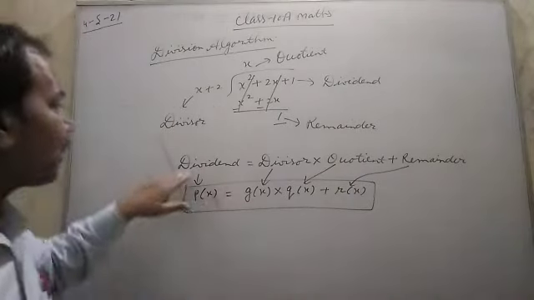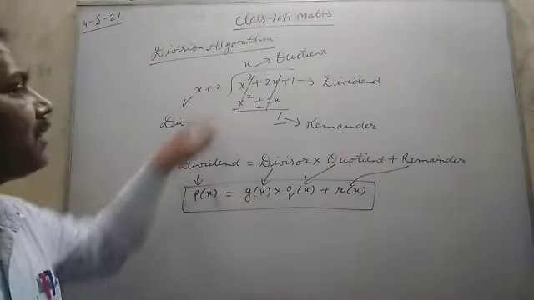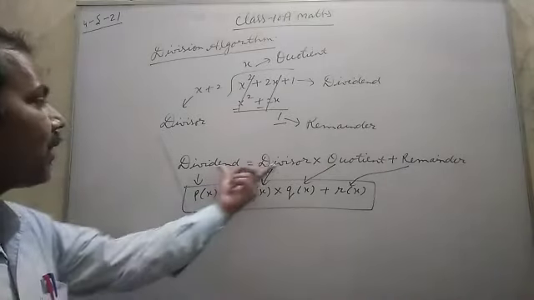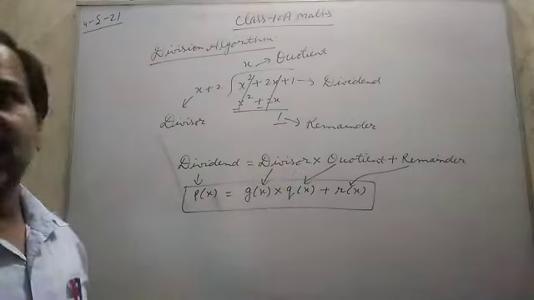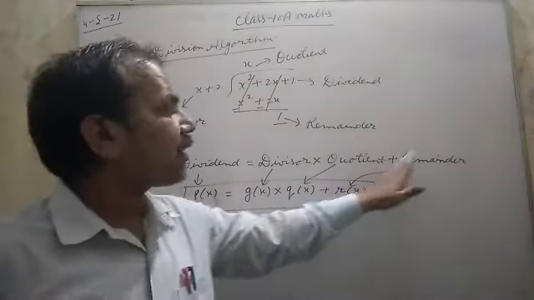You have to learn this formula. If anywhere it asks to verify the division algorithm, you have to verify this relation: dividend is equal to divisor into quotient plus remainder.